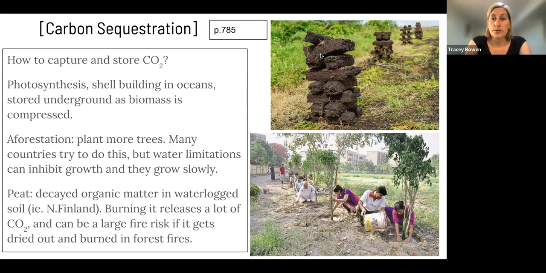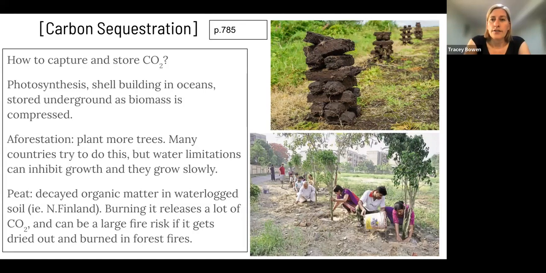This is something that they do in Finland, burn peat, and it has been on the radar for a number of years that this needs to stop because burning peat, peat is decayed organic matter in waterlogged soils. Burning it releases a disproportionate amount of carbon dioxide, more so than something like coal.